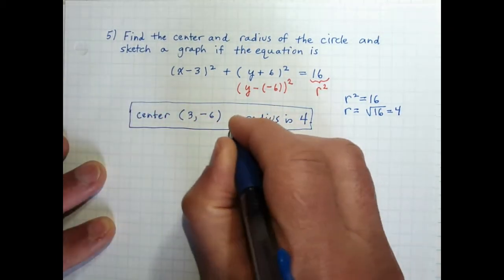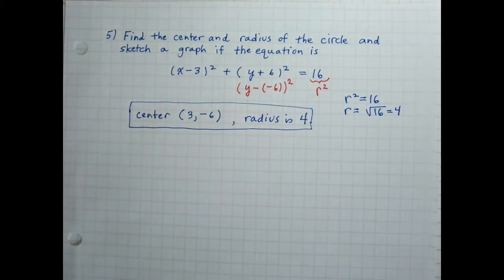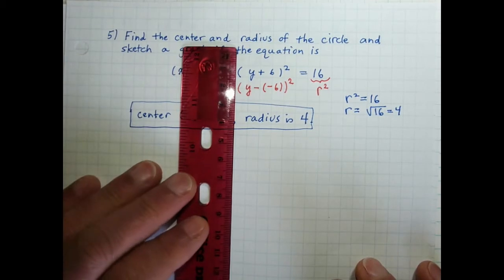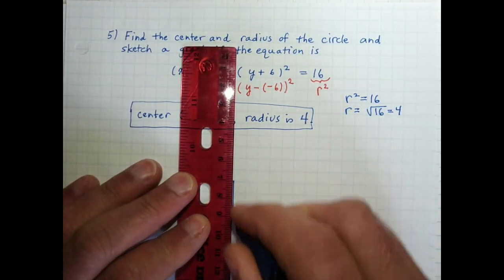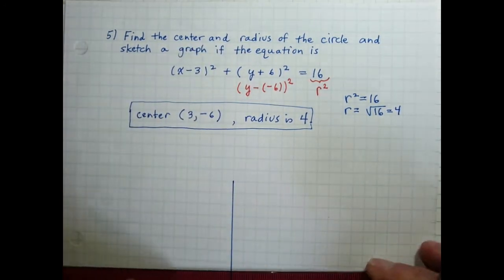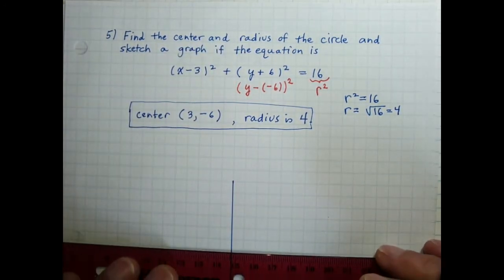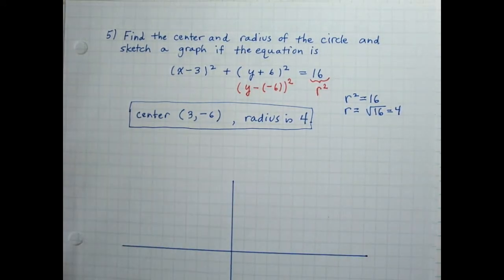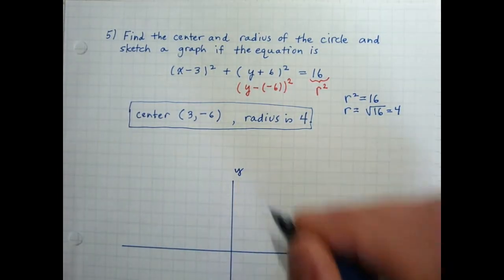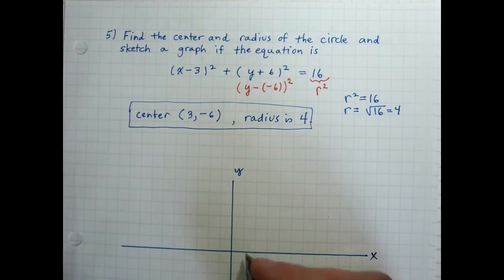In this problem, we also want to sketch a graph. So let's talk about how we would sketch a graph of a circle. I'm going to set up my coordinate axes, x and y, and let's try using just a standard scale.